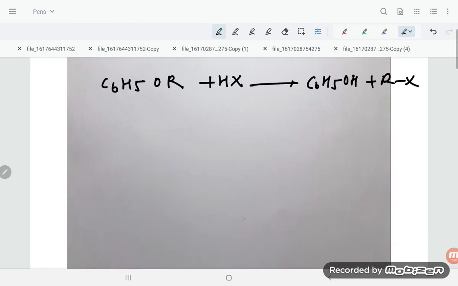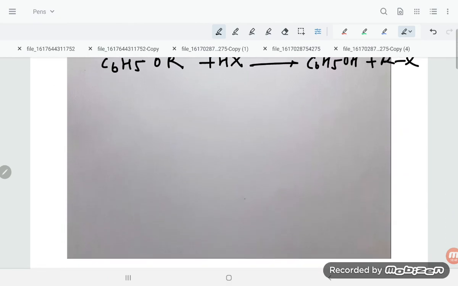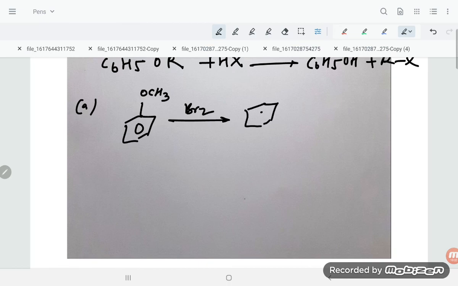Now the next one is the electrophilic aromatic substitution reaction that we are going to study, student. Suppose we have anisole, OCH3, and you are treating with Br2. Here OCH3 is there, and you will get Br here.